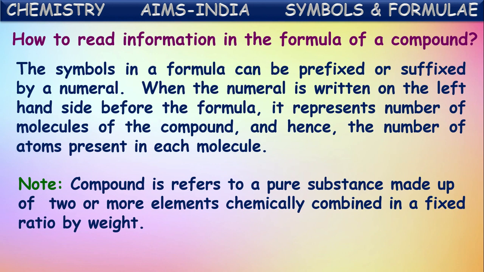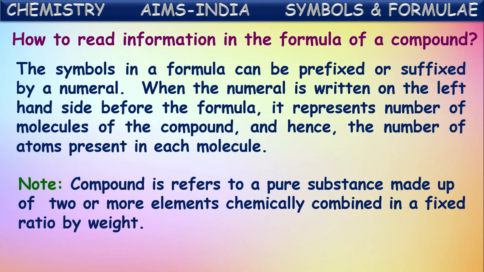The substances which contain the same kind of particles are called pure substances. These pure substances are again classified into two types. What are those two? Elements and compounds. Elements are the pure substances which contain only one kind of atoms, isn't it?